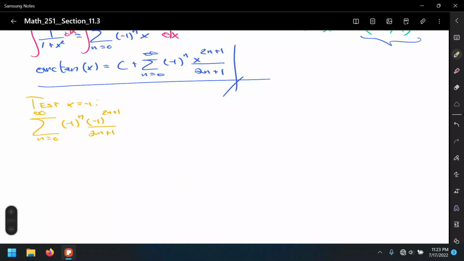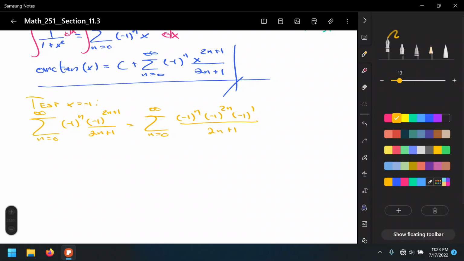Just be careful with the number of operations that we will do. Number one, I'm going to write this sigma n equals 0 to infinity of (-1)^n, this (-1)^(2n), (-1) to the first, using laws of exponents, the whole thing divided by 2n+1.